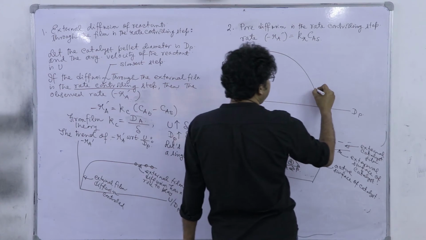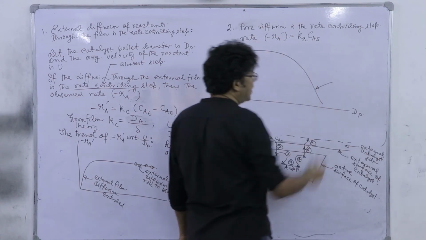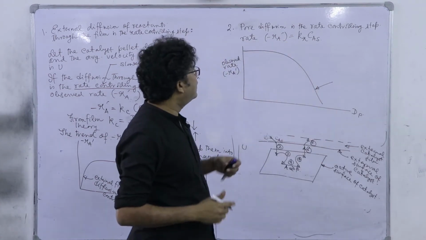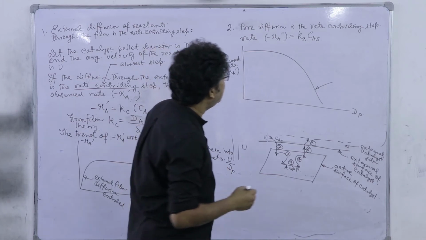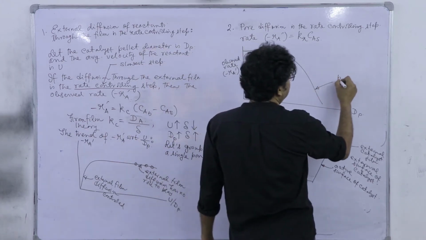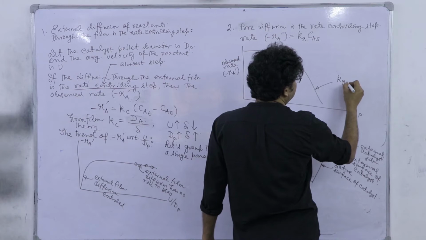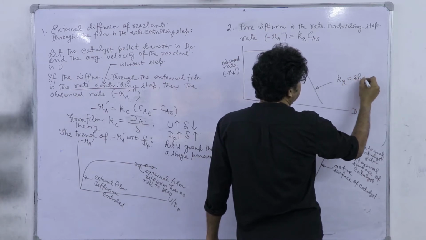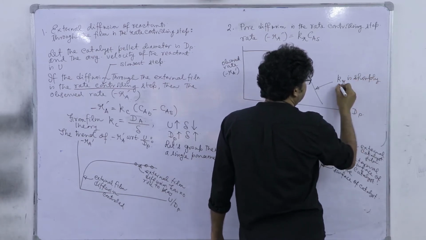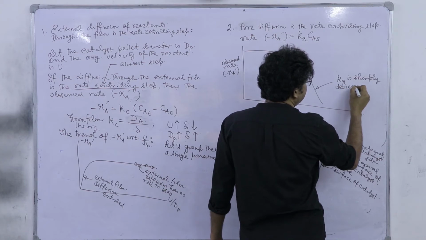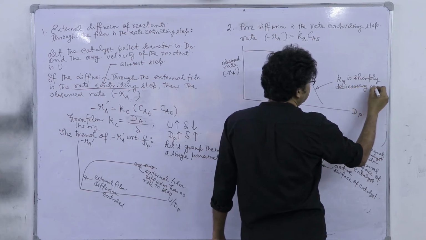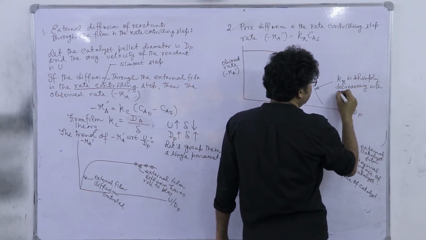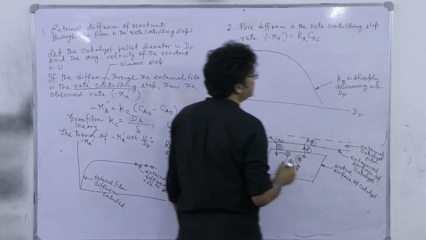So, in this regime where there is a sharp fall of this observed rate, that means Kr is sharply decreasing with dP. Right.